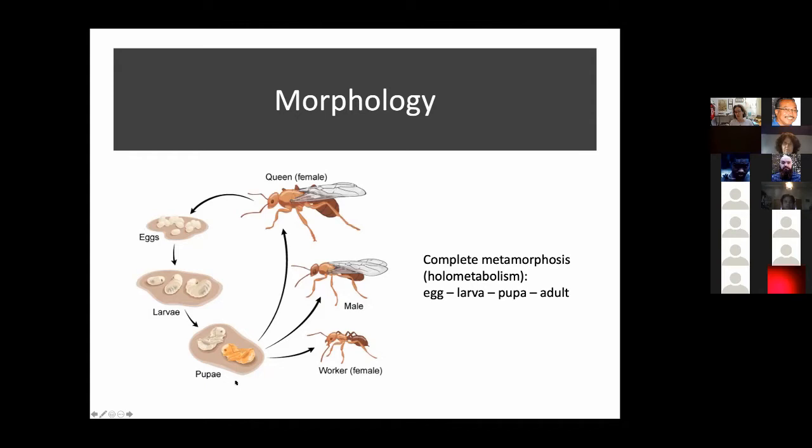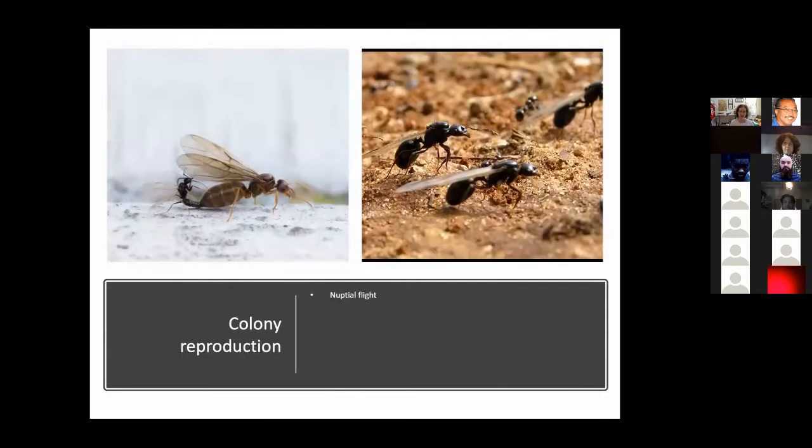They also have a pupa stage. So just like butterflies, they have complete metamorphosis, with 4 different stages. And then these pupae will develop into either a worker, a male, or a queen. And why they would develop into each of these is a different presentation, which is amazing, some other time.